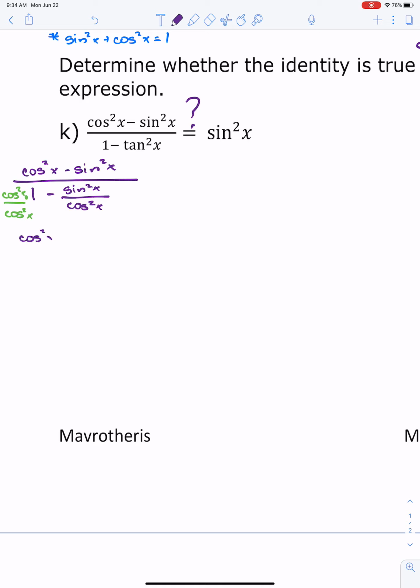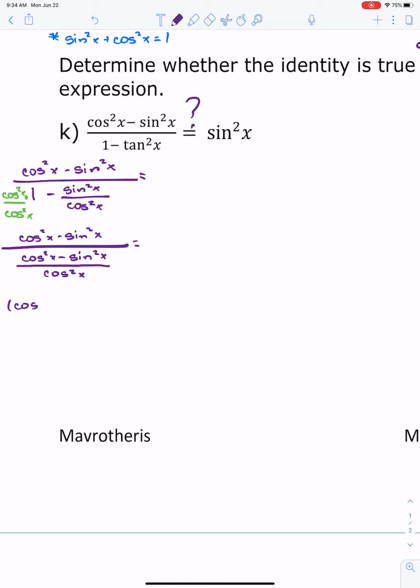So I have cosine squared x minus sine squared x, there's my numerator, all over cosine squared x minus sine squared x, all over cosine squared x. Okay? So I see some things going on. I've got a cosine squared x minus sine squared x in both my numerator and denominator.